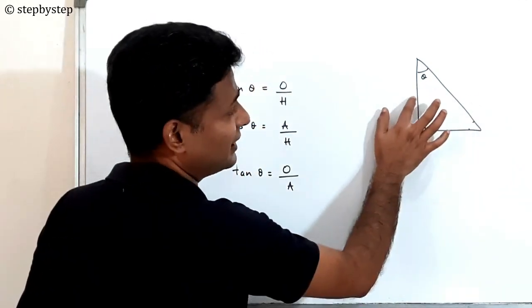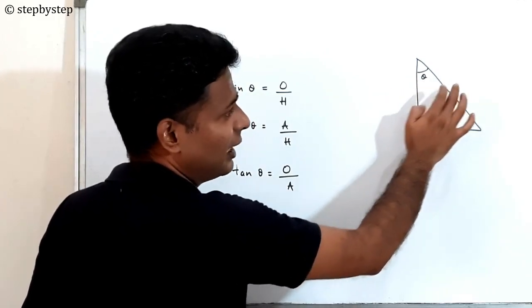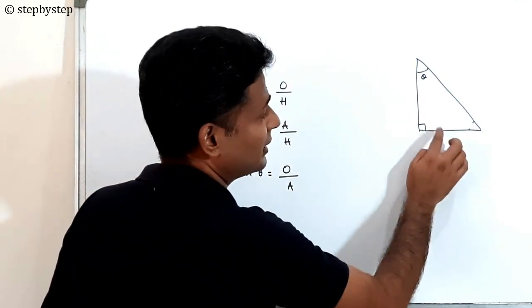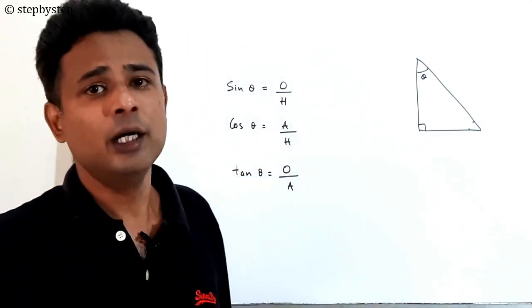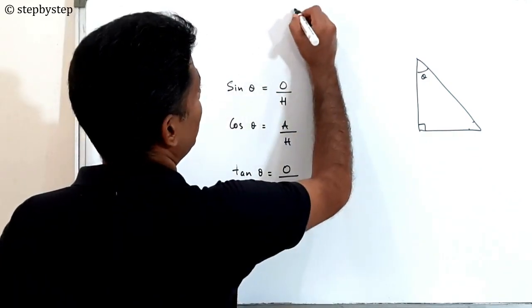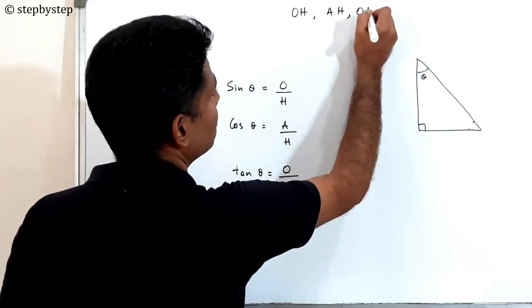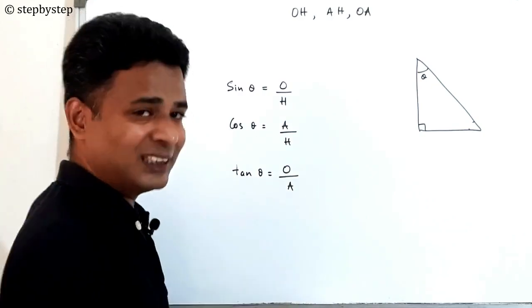Cos theta is the adjacent side, so which side is the angle touching? That is the adjacent side by hypotenuse. And tan theta is opposite side by adjacent side. So this is very easy to remember. Generally I remember it like this: O, A and OA. Very easy to remember.